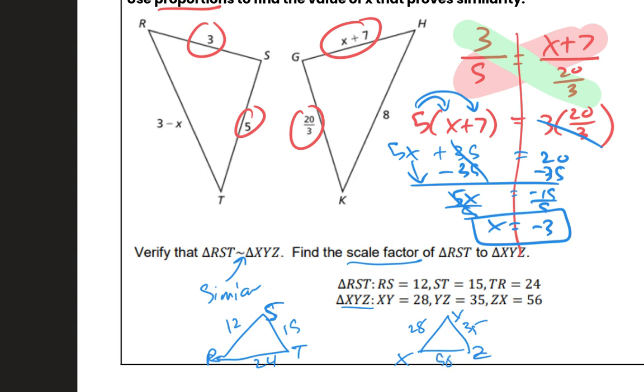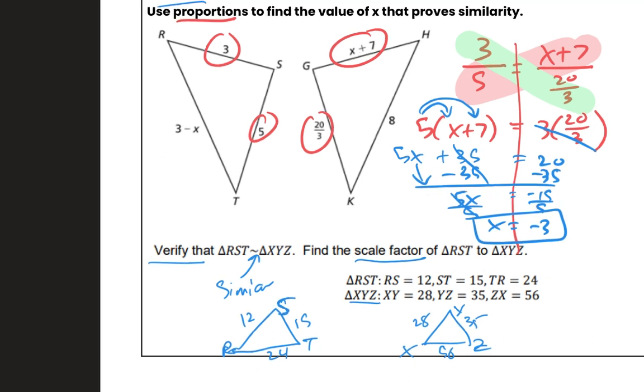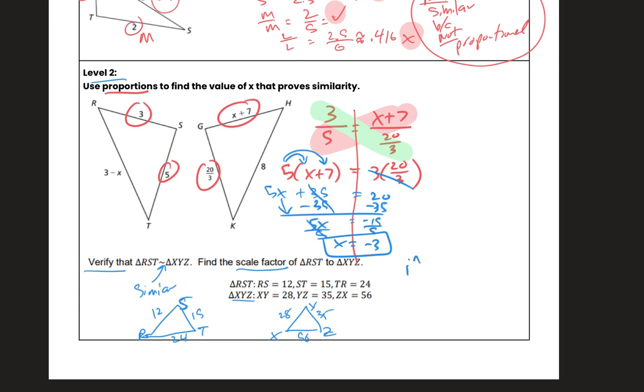Okay, so if similar, all sides must be proportional. Right? So let's check that. So we would say 12 over 28, right?